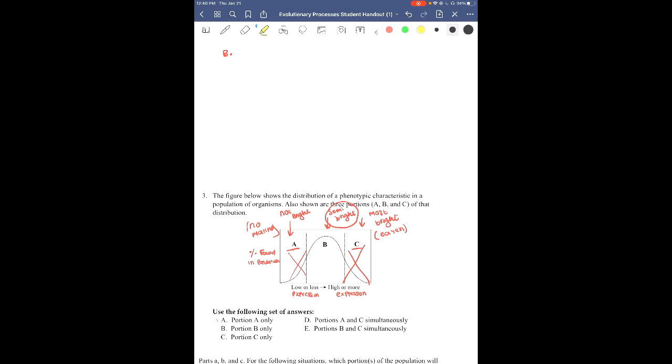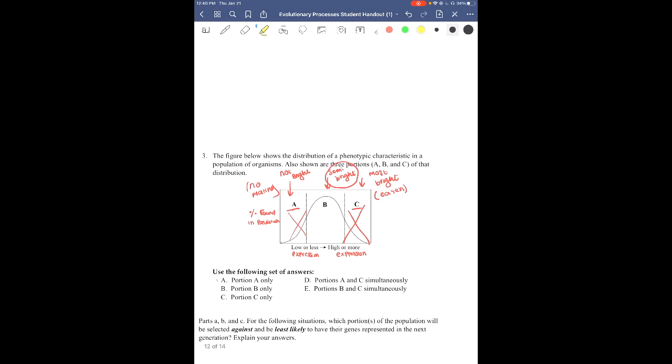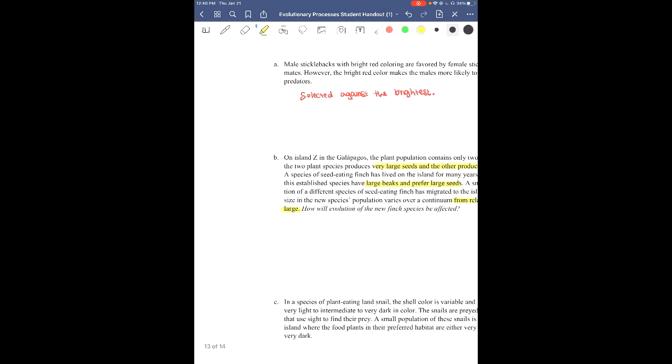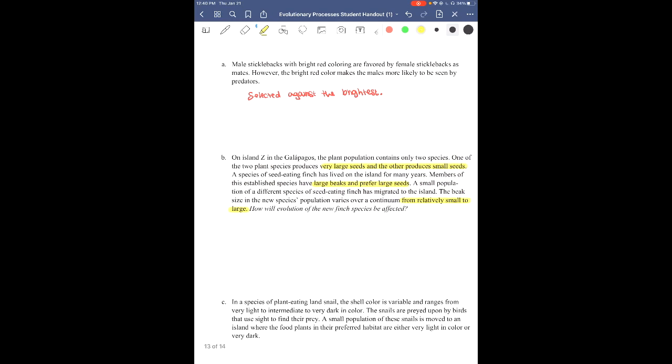So that just increases the competition more. So C will be selected against. It's going to tend to prefer mid-size seeds and smaller size seeds when the new finch generation is growing. So here we can say, oops.